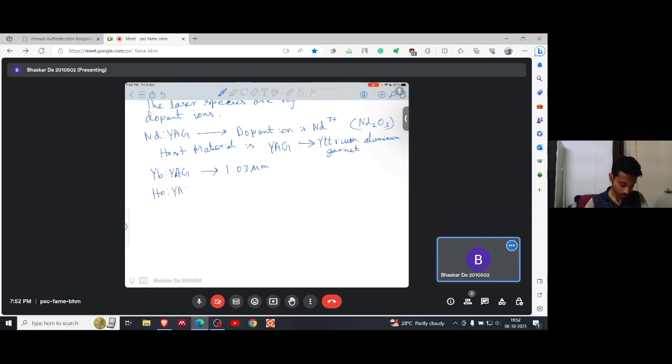Holmium has a lasing action at 2.1 micrometer. Then thulium has a lasing action at 2 micrometer, and erbium at 2.9 micrometer.